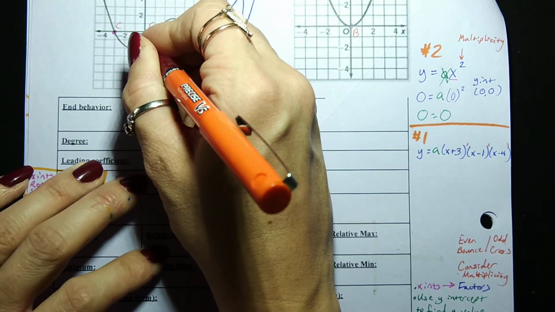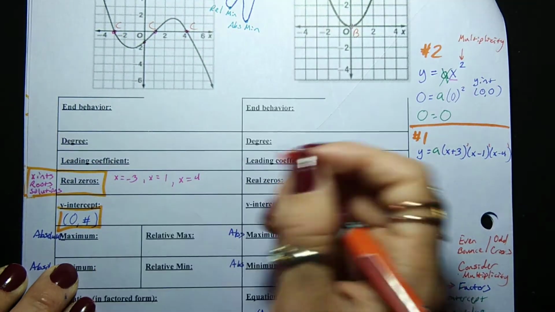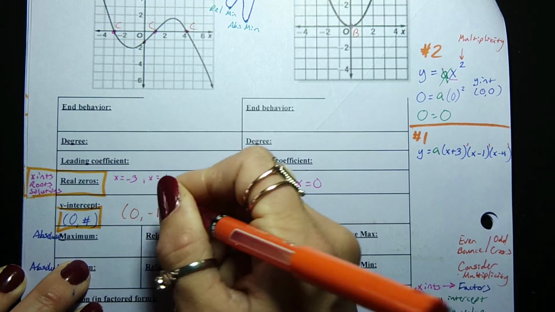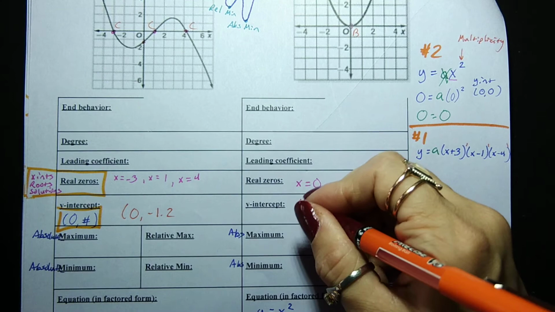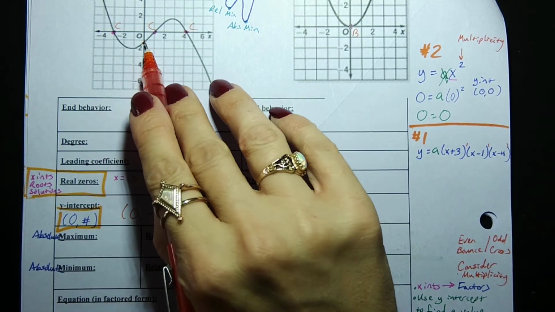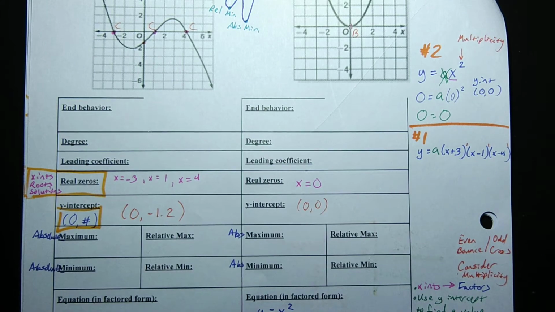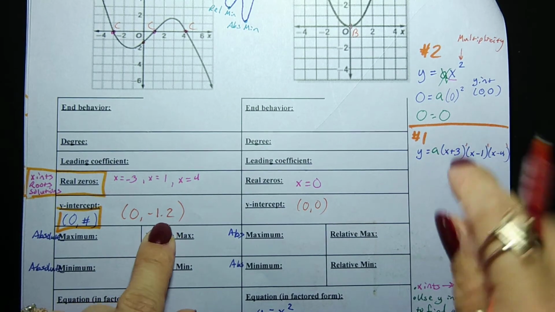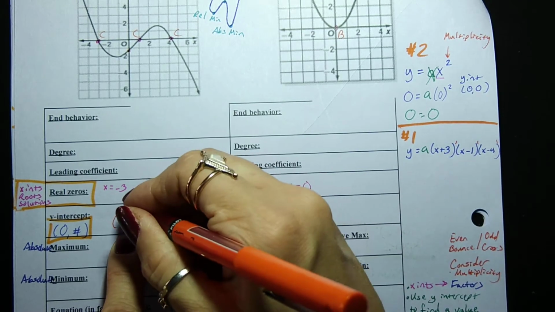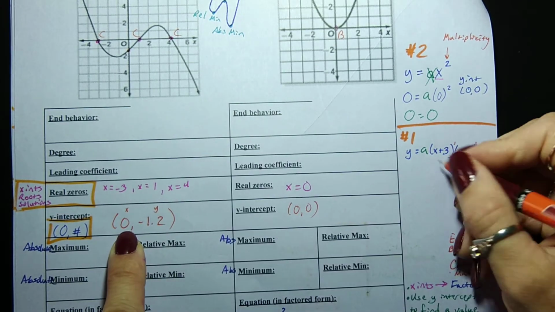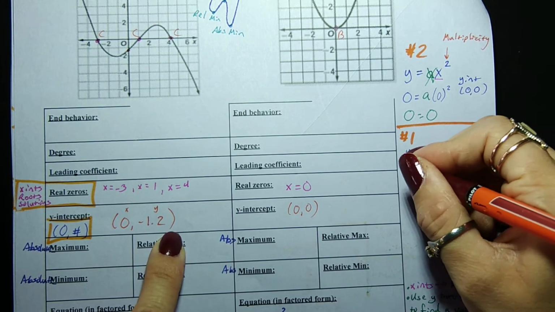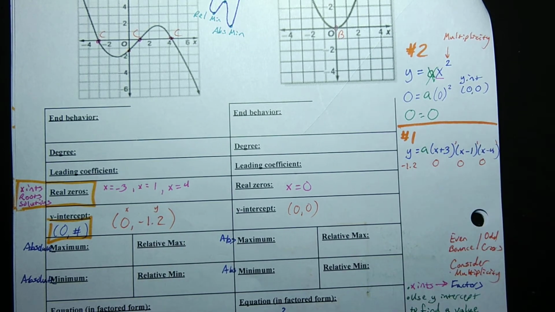I'm going to say that y-intercept is about at 0, -1.2-ish. So that's what we are going to plug in for our x and for our y in this equation. So 0 in for all the x's and -1.2 in for the y.